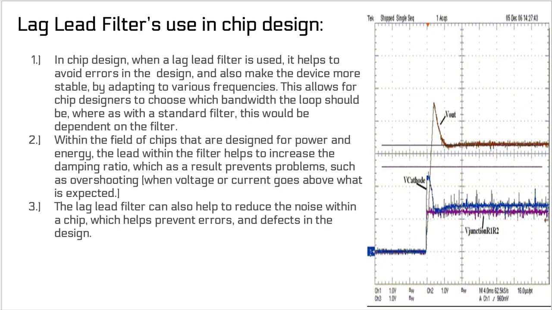And if it's a defect, then there's a problem within the design process, and that can lead to defective chips. But the lag lead filter helps to reduce the noise within the chip, and this helps prevent those errors and prevents defects in chips.